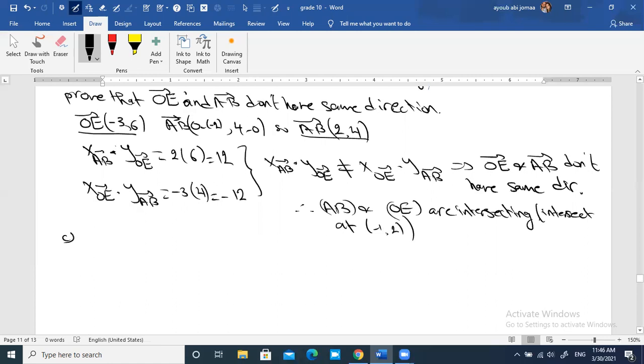In part C, they said let M be the meeting point of AB and OE, as in it is the intersection between AB and OE.